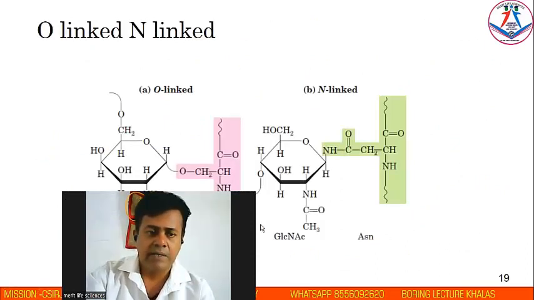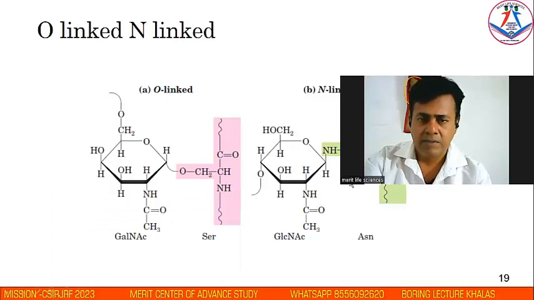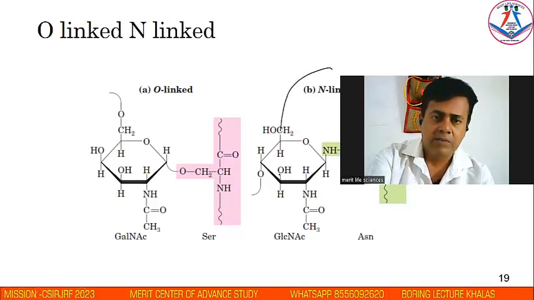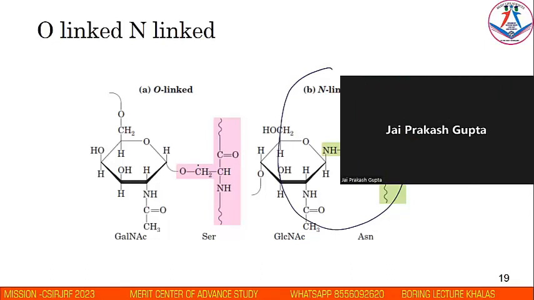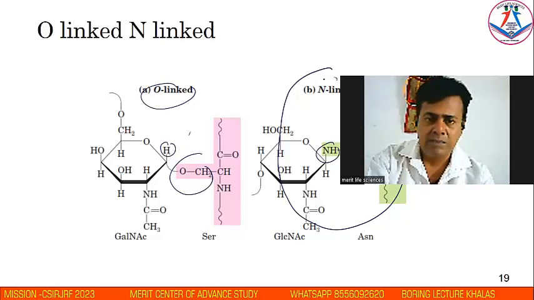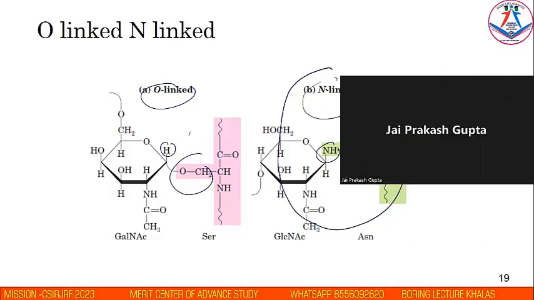When there is an N carbon atom, you can see here, this is the N link structure. Then it's called an N linked glycosidic bond. This is O linked because nitrogen is not there, only hydrogen is there. So H linked with O, that's why O linked. This is NH linked with O, so that's why this is N linked.